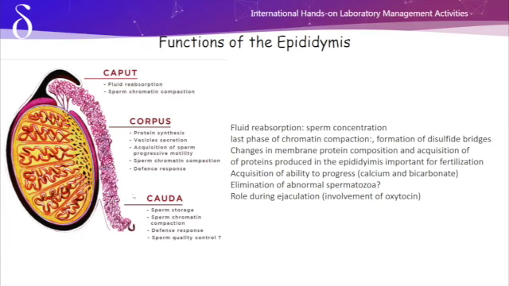The cauda probably has a role as sperm storage, is also involved in the last phase of sperm chromatin compaction, has a defense responsibility, and it is believed that it is probably involved in sperm quality control, that is elimination of anomalous spermatozoa, although we are not sure that in human epididymis such a process is so efficient like in other animal species.